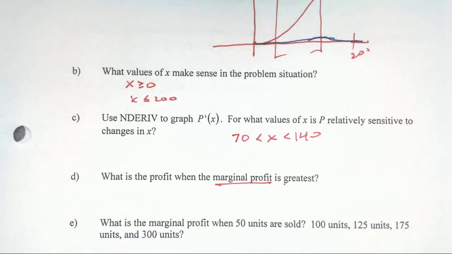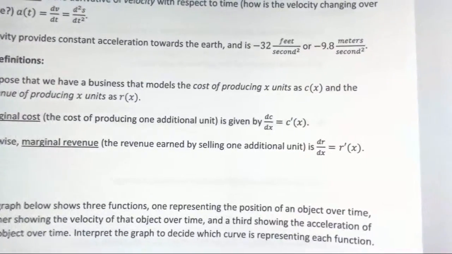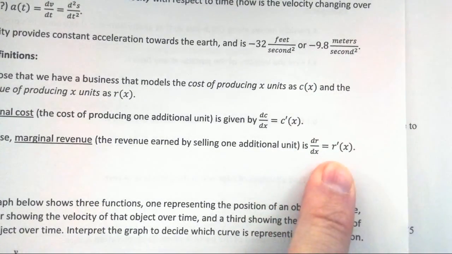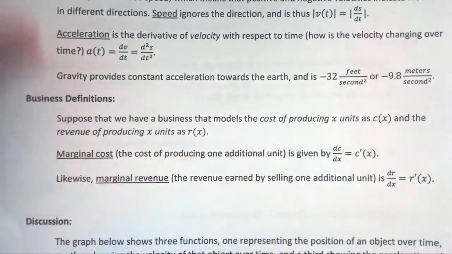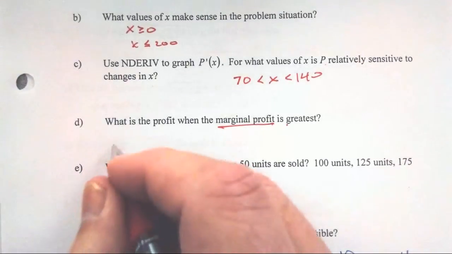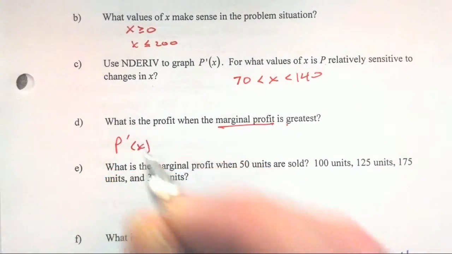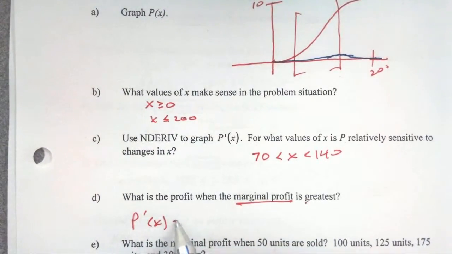So that profit, that is our revenue. So let's go back and we see that our marginal revenue, how much we make, is just the first derivative of our function. So I want to find p prime of x here. So I need the derivative of this guy.